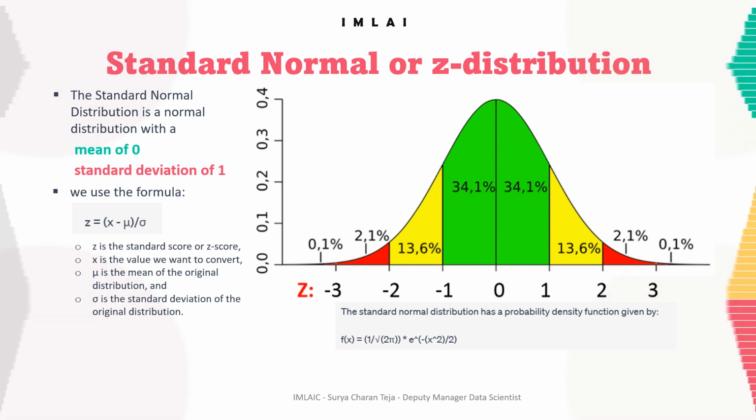Many statistical tables and software packages provide information about the standard normal distribution, also called the Z distribution, such as the probability of a value falling within a certain range or the critical value for a given significance level. So now let's look into the Z distribution curve.